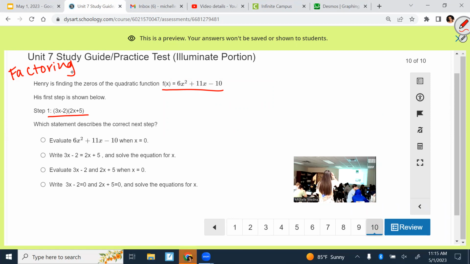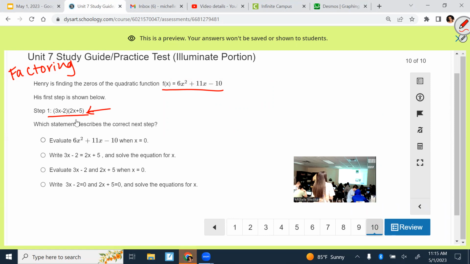So if you think about your steps for factoring, I would argue that there's more steps before you just go straight to that one. But you want to first make sure it's set equal to 0, and then go through that flow chart in your head. Henry already did that. He got to here. For his next step, let's go through these.